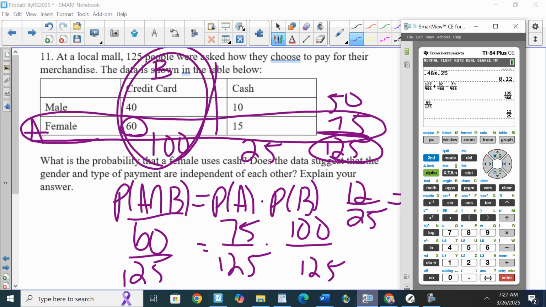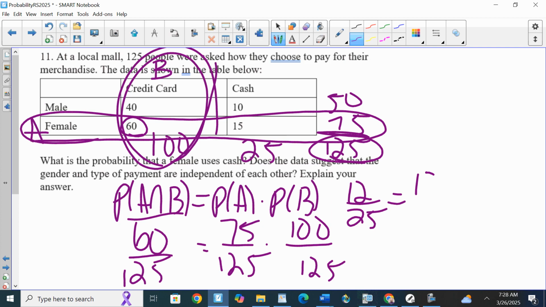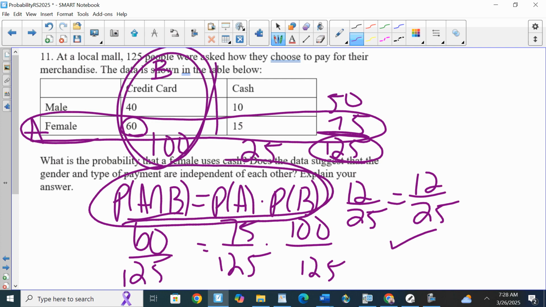I type the right-hand side in. 75 over 125 times 100 over 125, 12 over 25. They are equal. This is the formula for independence. This is the rule for independence. If this is true, they're independent. This is true, so they are independent.